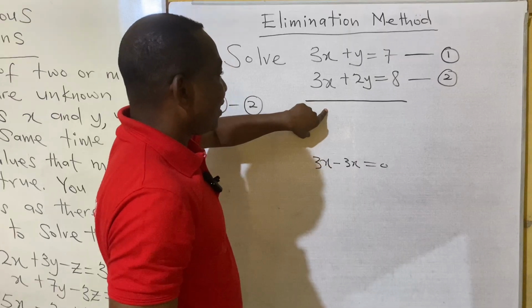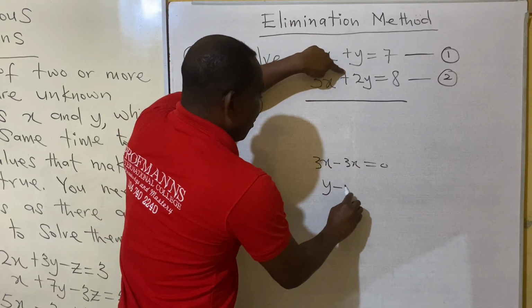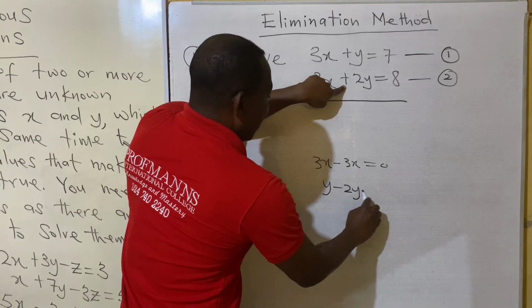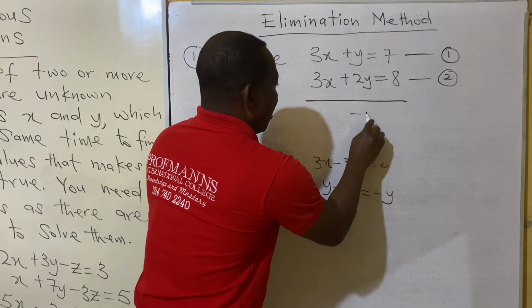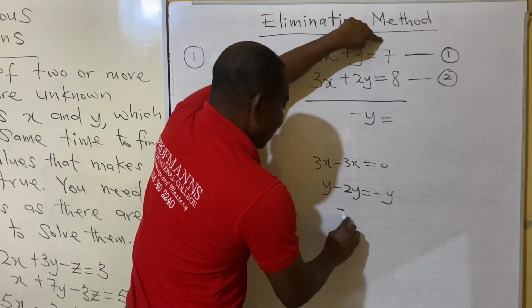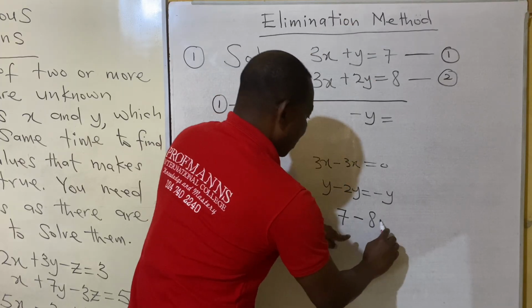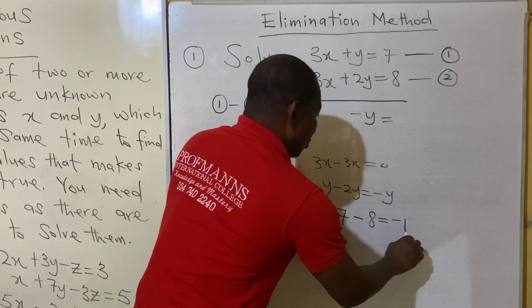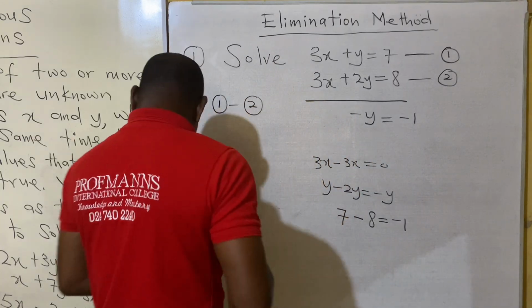We don't write anything here. Let's look at the y. y minus 2y gives us minus y. So we have minus y here is equal to 7 minus 8, which gives us minus 1. So we write the minus 1 over there.